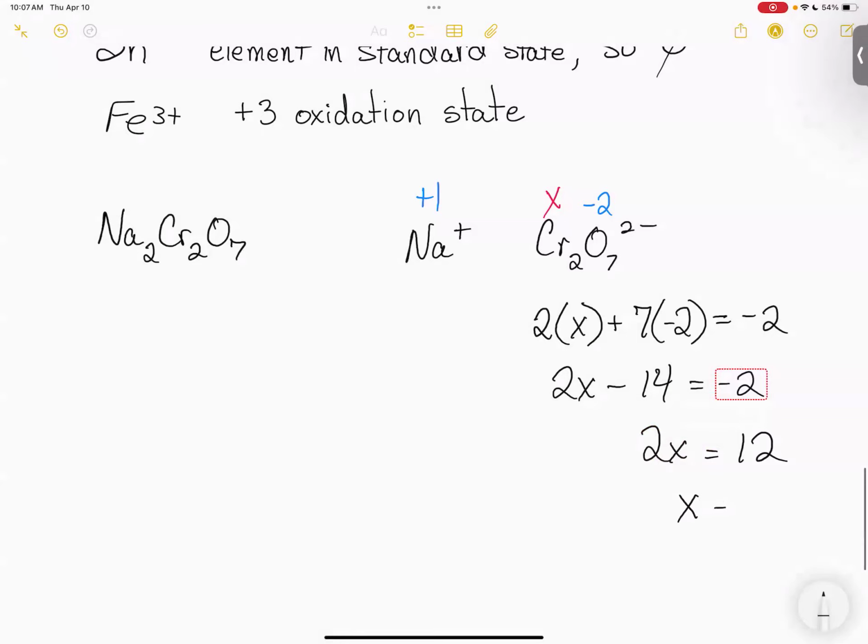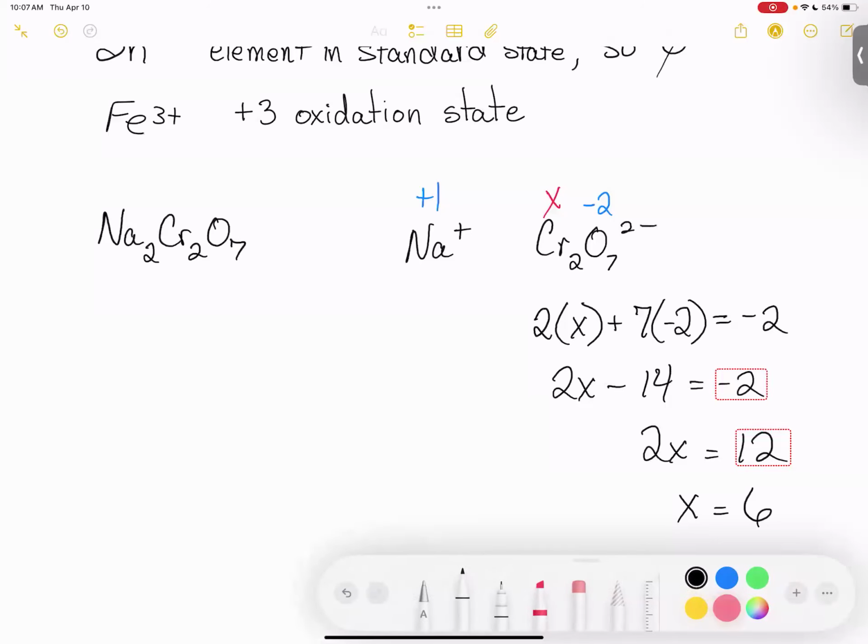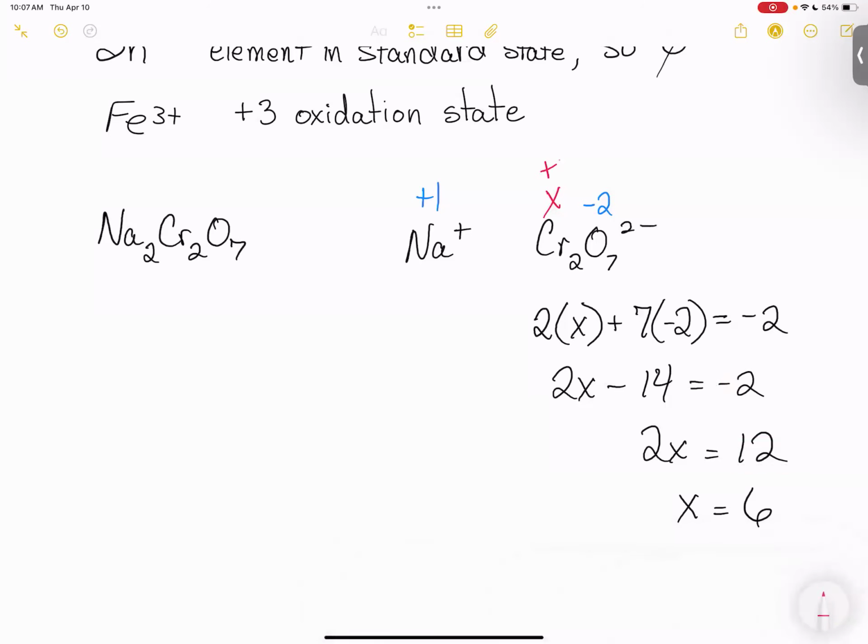So X is equal to 6. So this chromium is hexavalent chromium. It is chromium 6.